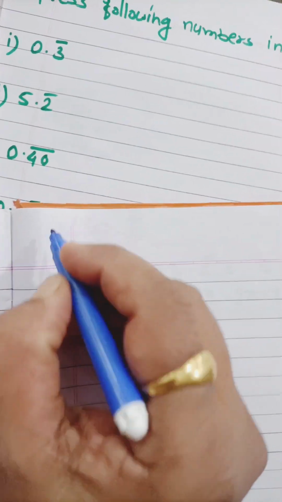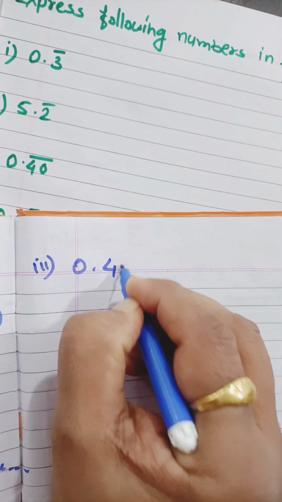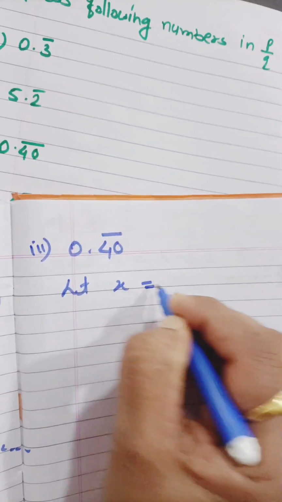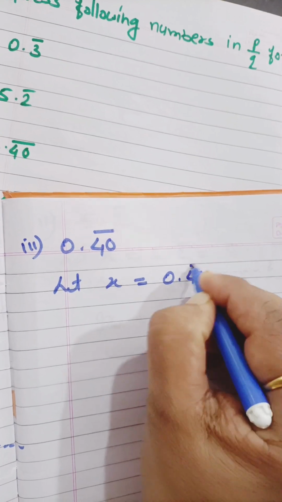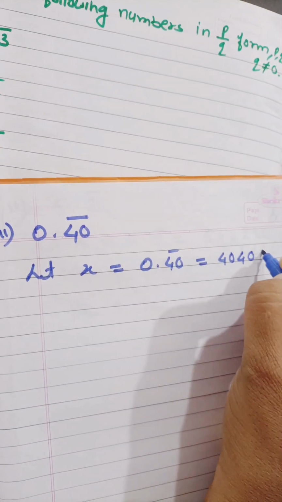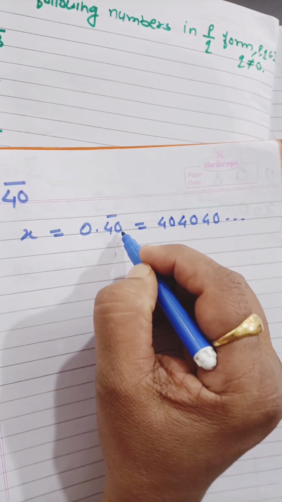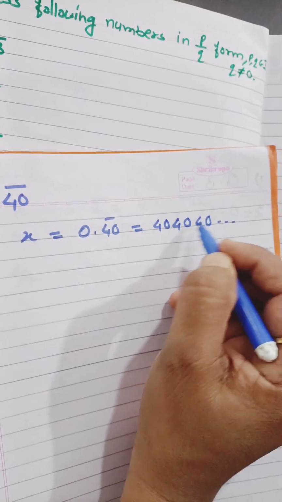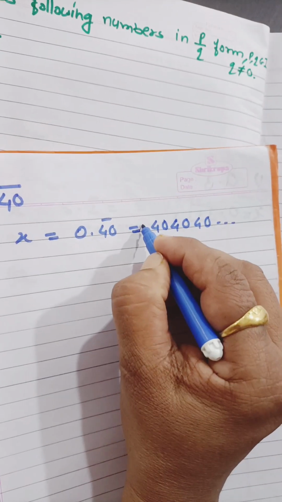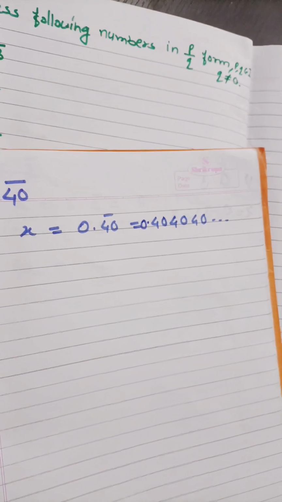Now the third number is 0.40 bar. Again denote this by x. Let x be 0.40 bar, which can be written as 40, 40, 40. Now here there are 2 digits under the bar. So 40 is repeating, not 4 or only 0. The whole 40 is repeating. So it is 0.40404040 in this way.